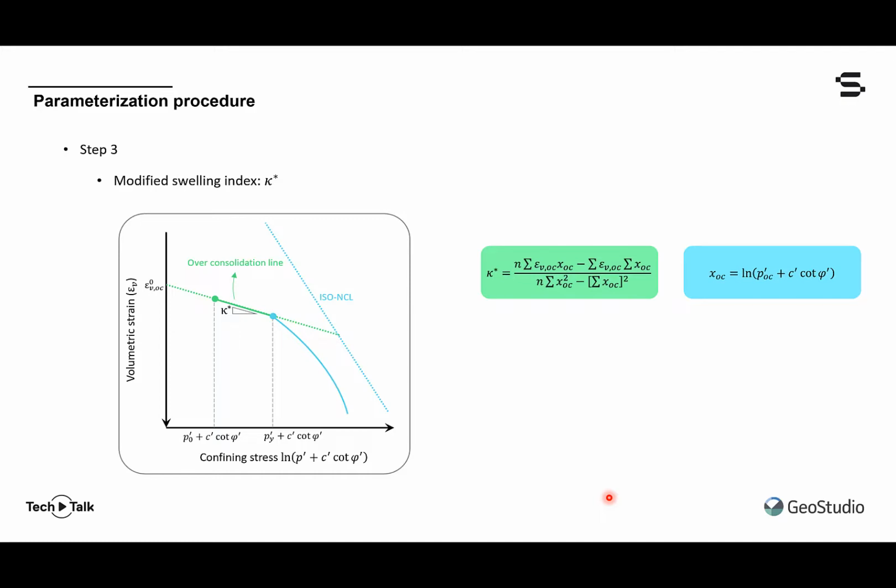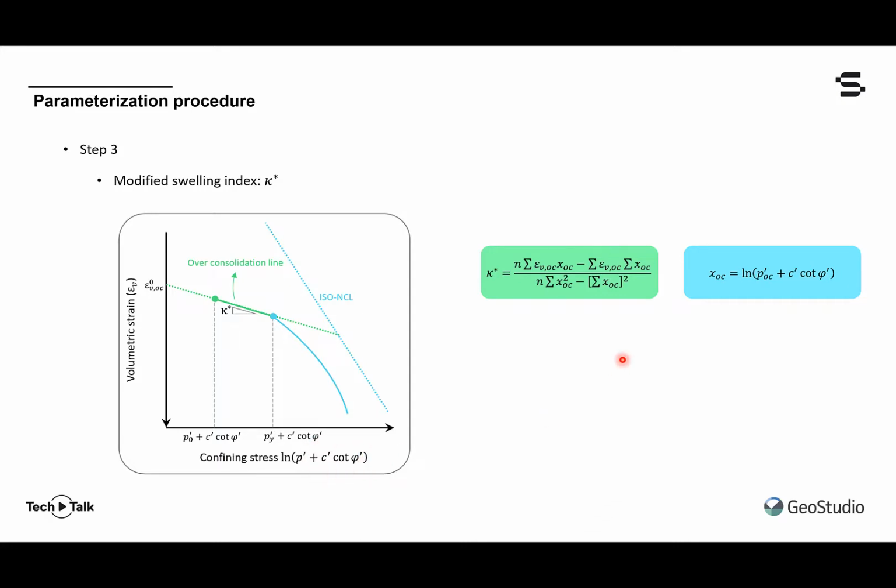You can see here that that formula requires an intercept, which is denoted with the superscript 0, and it is also designated as overconsolidation, and you'll see why in just a moment. So this intercept is located at some value of our confining stress, which includes that cohesive component, that offset.